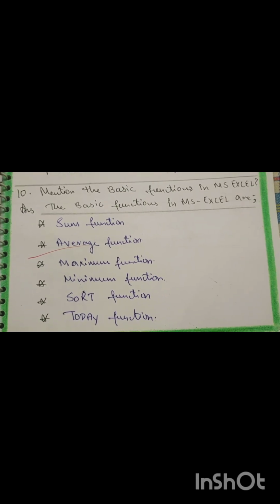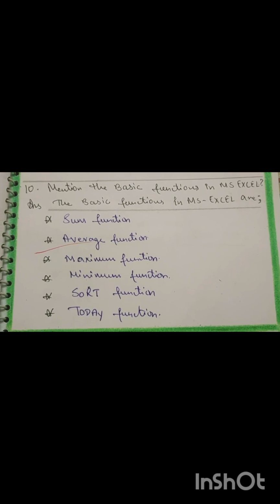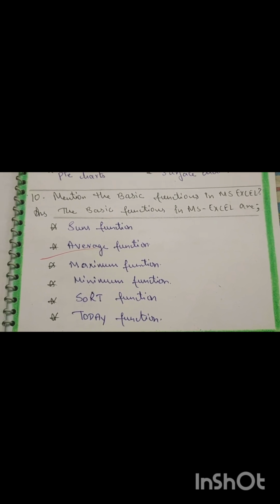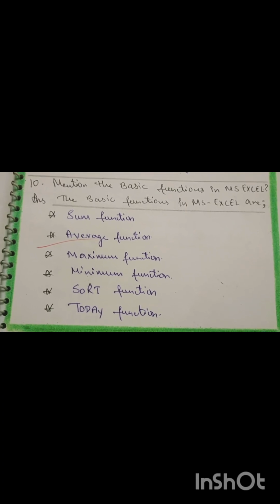It applies the function to the existing data, and from that data it gives you the results. So a function in Excel is a predefined formula that performs a specific calculation, takes inputs and returns results. The basic functions are sum, average, maximum, minimum, sort and today.